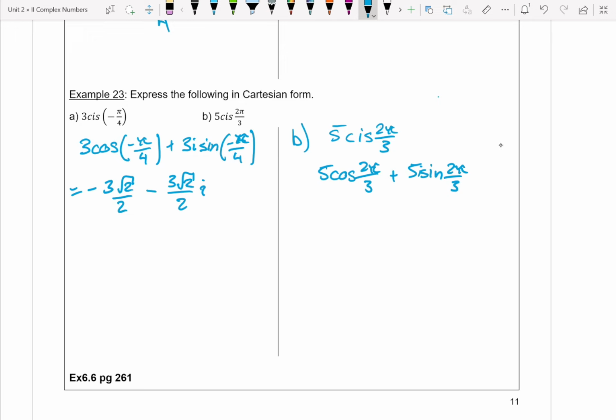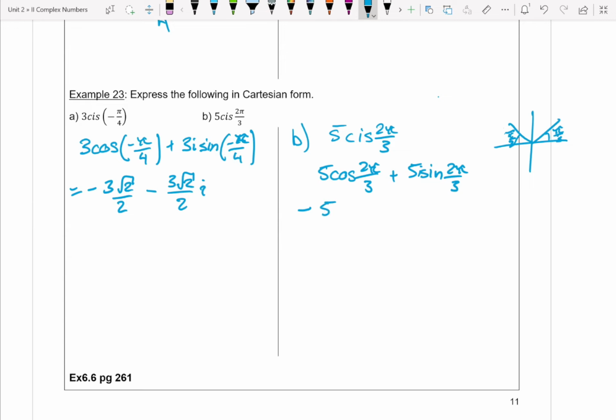So if we consider what 2 pi on 3 is, that's the same as pi on 3 away from the negative x-axis. So if we find what it would be in the first quadrant, we just need to make our real component negative, and that's going to take us over here. So that's like a reflection in the imaginary axis. So we know that our real component is going to be negative.